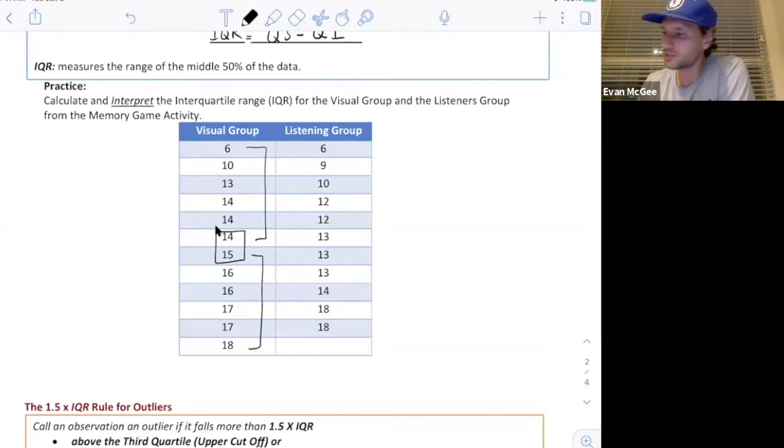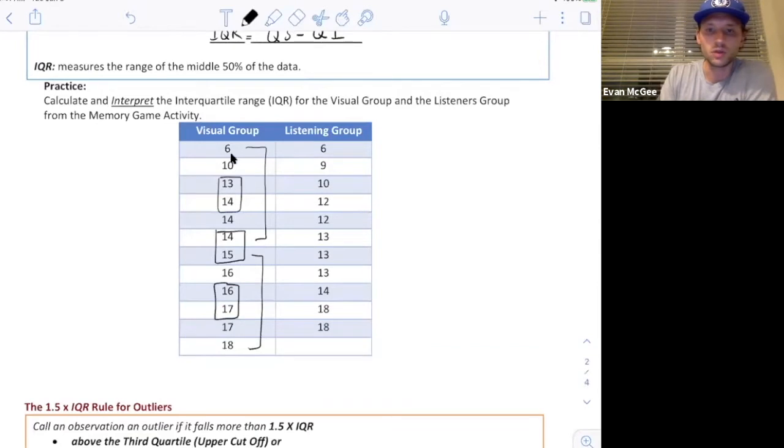If there's 6 values there, then I know it's going to be the average because it's an even number. And then Q3 is going to be the average of these 2 values. And you can always double check to make sure. I've got 2 here, 1, 2 below, and 1, 2 above.